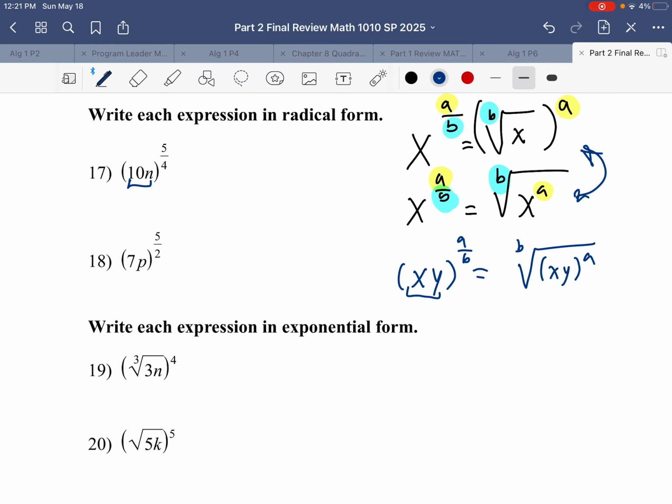So x, y to the a, and then take the bth root, or it's x, y raised to the a.